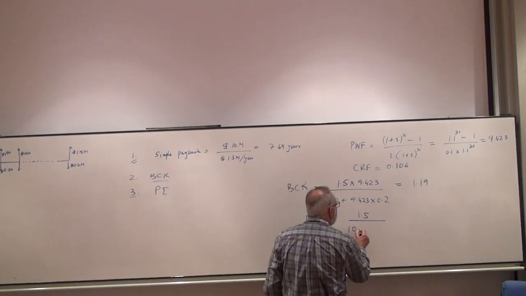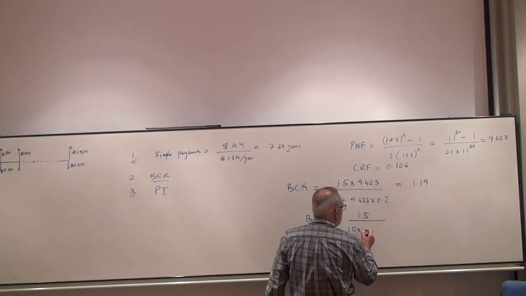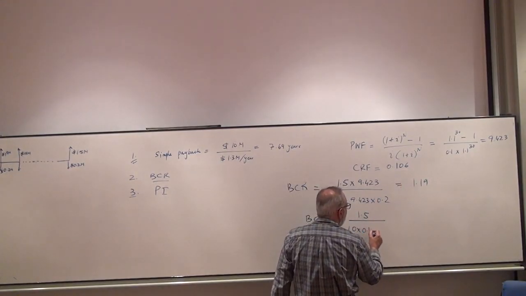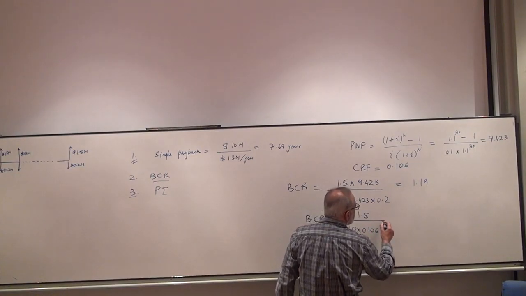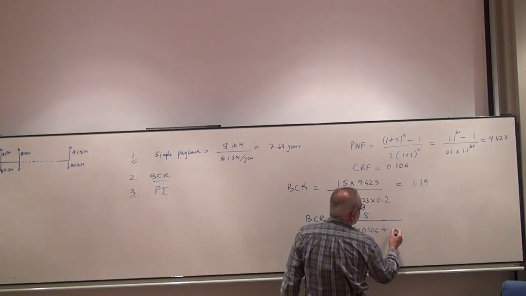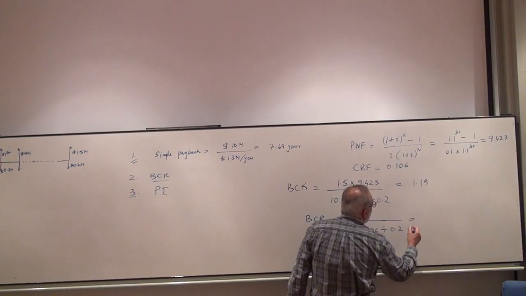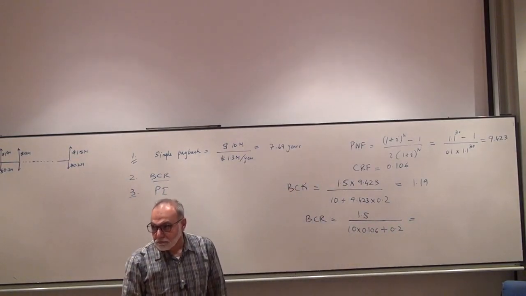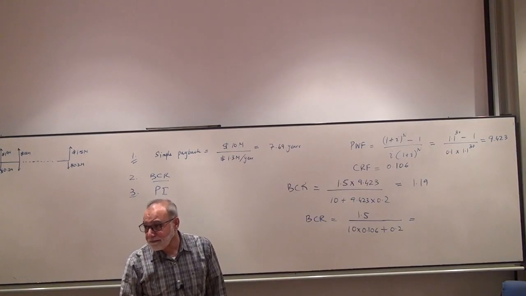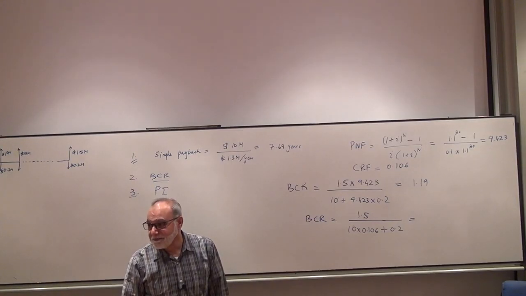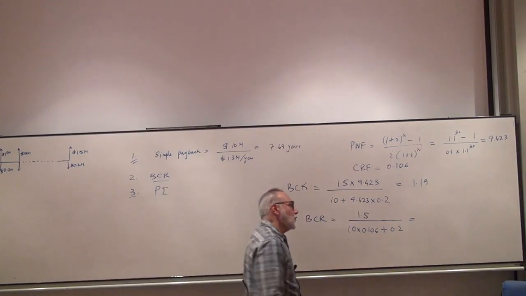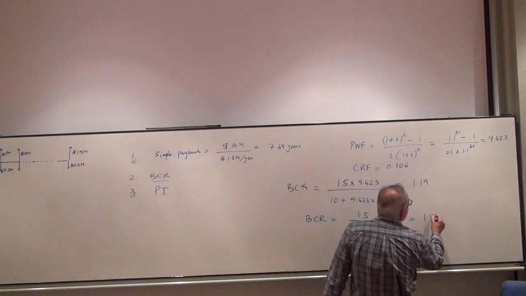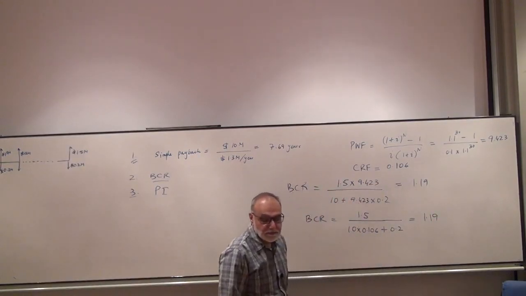So 10 multiplied by 0.106 plus 0.2. Now this will give the same answer. Have you tried? What is the answer? 1.19. So you can see that both ways are correct.